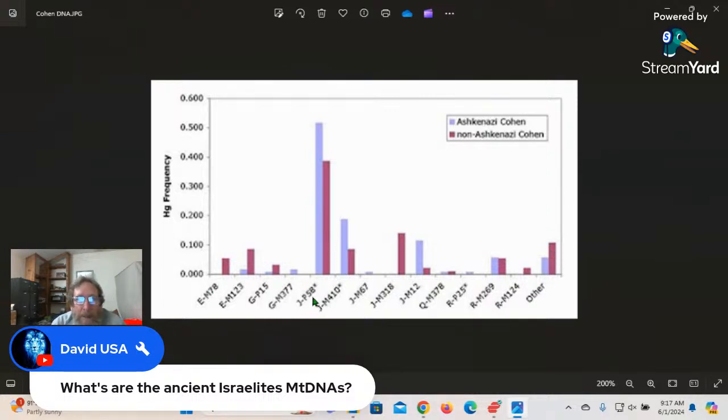But the J1P58 is 50% of the people claiming to be Cohen who have this marker. So that's a huge signal, and the only other one that comes close, not even close, 20%, is just another J410.